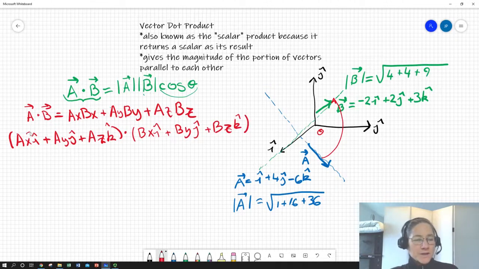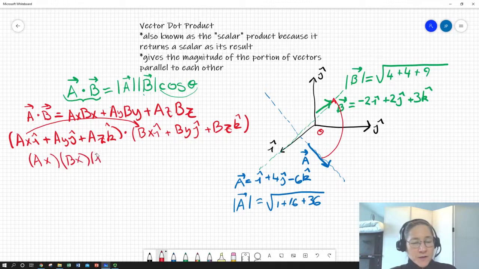We can FOIL this. So if I multiply A sub x, which is the scalar length of the portion of A that's going in the i hat direction, times dotted into B sub x i hat, I'm going to end up multiplying the two scalar components together as scalars. And then I'm going to end up with their vector components dotted into one another. And I can continue foiling.